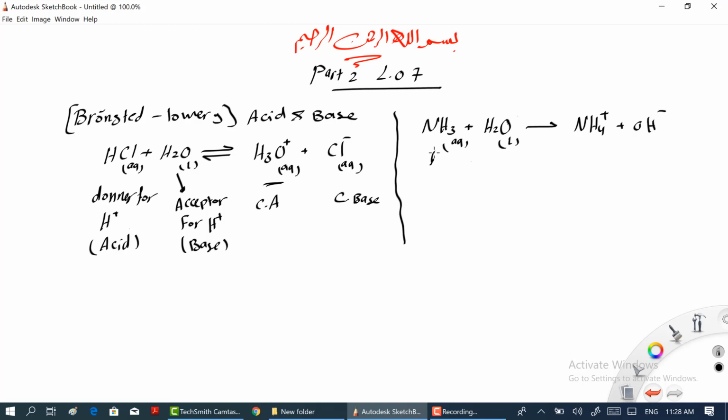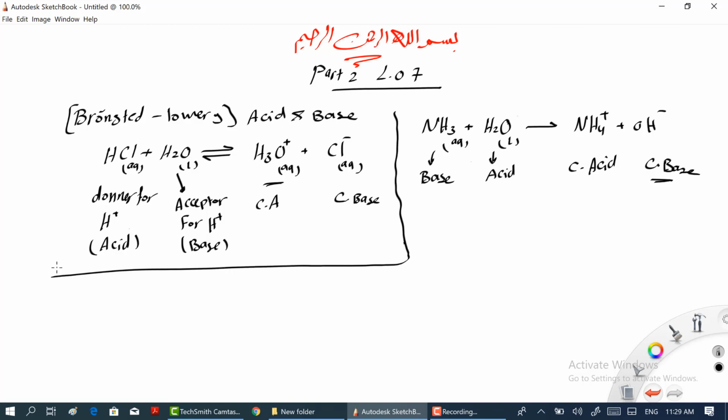In this case, the water works as the acid, as it's the donor for the proton, and the ammonia is called the base. What's formed from the base is called the conjugate acid, and from the acid it's called the conjugate base. Okay, so this part is only for the Bronsted Lowry acid and base.